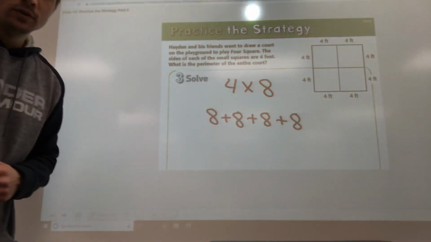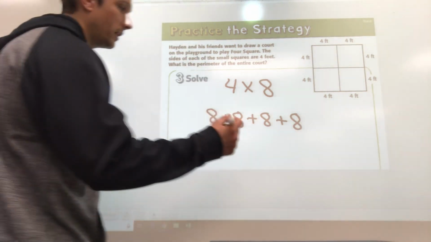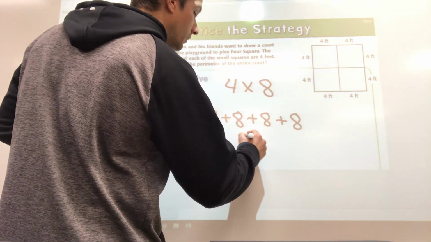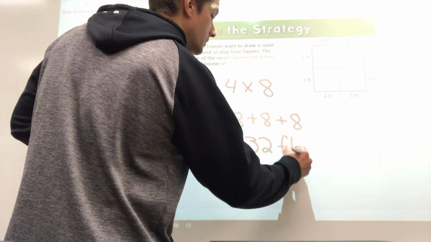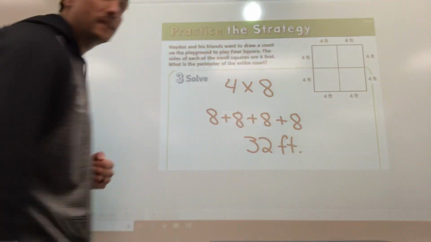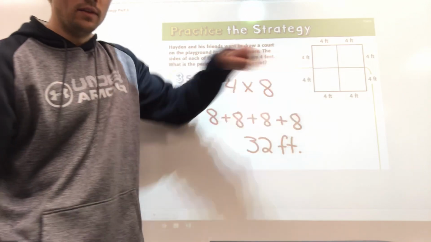In the end, as you can see, we are going to end up with a perimeter of 32 feet. So that is the distance around their four square.